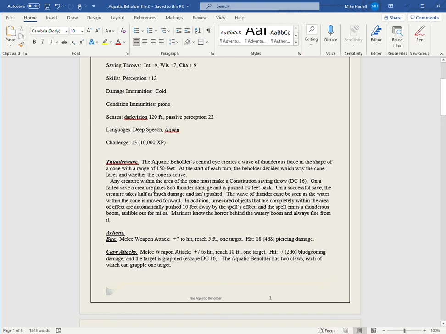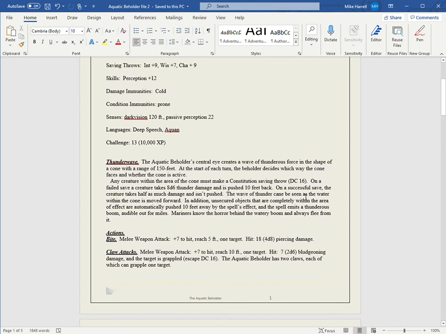On a failed save, a creature will take 8d6 thunder damage. Now, since that's underwater, if you think that ought to be force, nothing wrong with that. Change it up if you feel it needs to be. So, in addition to that damage, they'll be pushed back 10 feet. On a successful save, the creature will take half damage and not be pushed back.